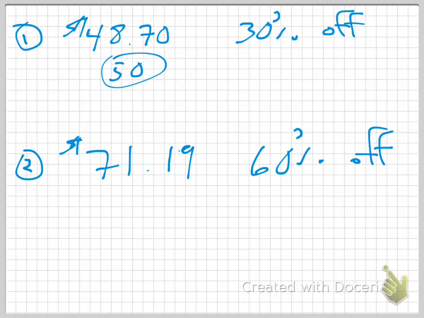Find 10% of that. What is 10% of 50? 5. If 10% is 5, then what is 30%? 15. So how much off is this item? $15 off. How many of you got 15 for number 1?